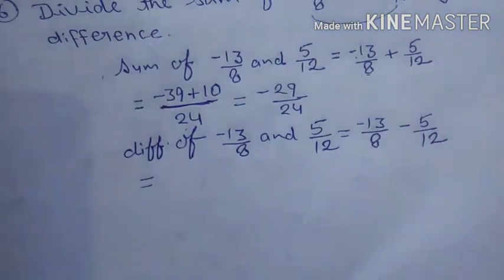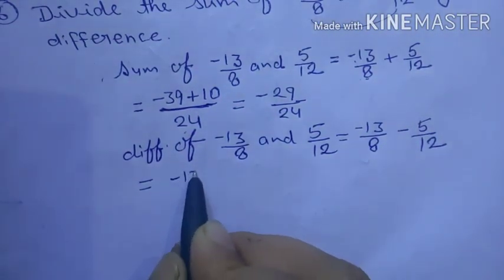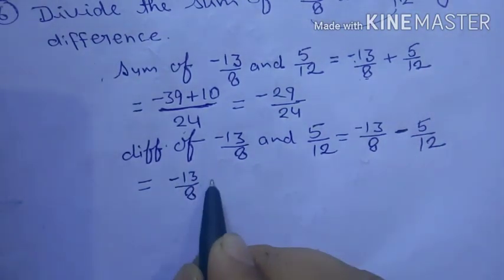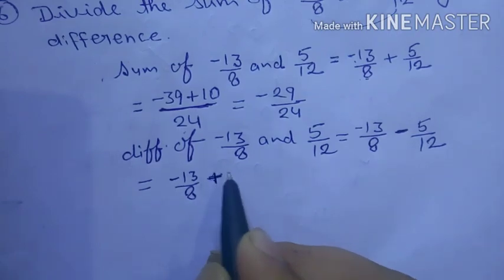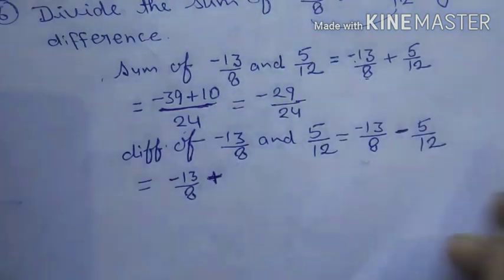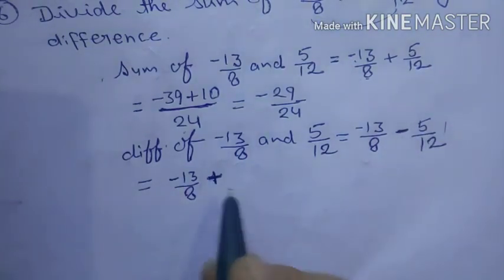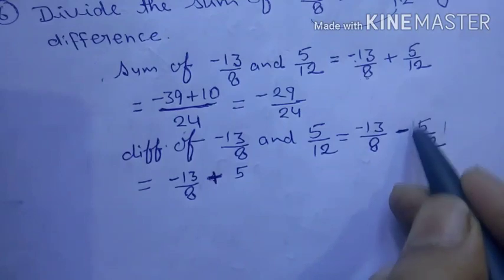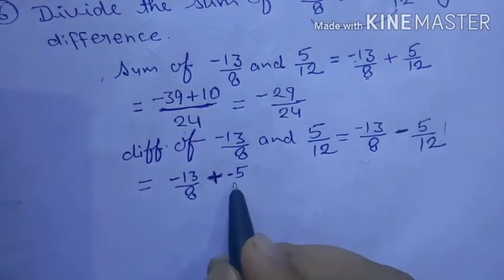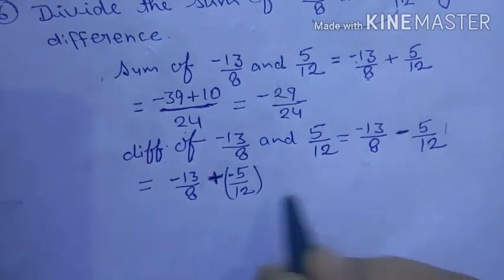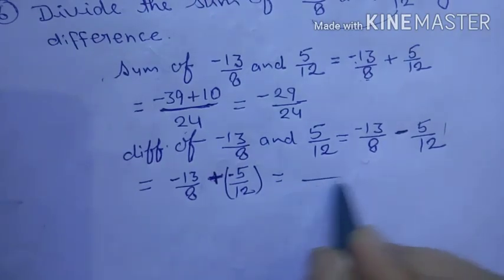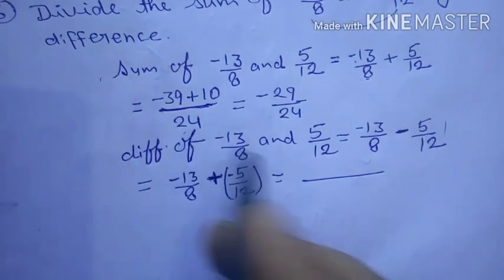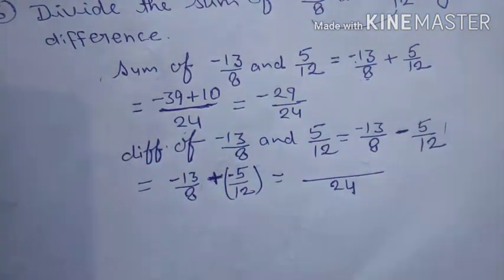Here students, what you will do is change the minus to plus, and write the additive inverse of the second number. What is the additive inverse of 5 upon 12? That is minus 5 upon 12. Now you will find the LCM of 8 and 12. We have found that 24 is the LCM of 8 and 12.